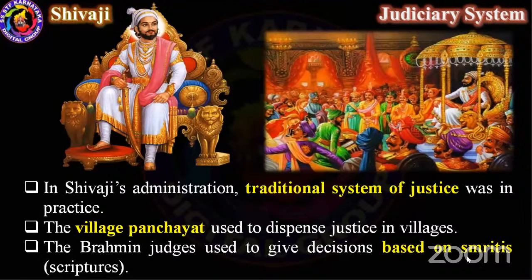These are the smritis, Aranyaka, Upanishad. These were the Hindu religious texts in which all issues are mentioned. Brahmin judges gave decisions or justice based on these scriptures.